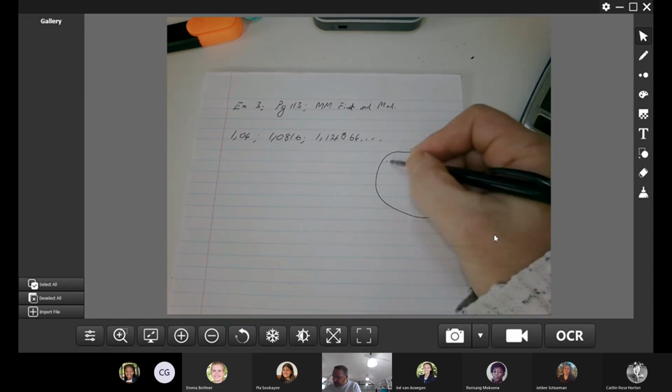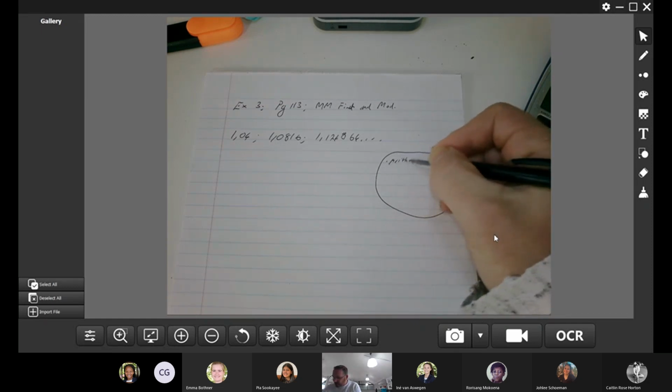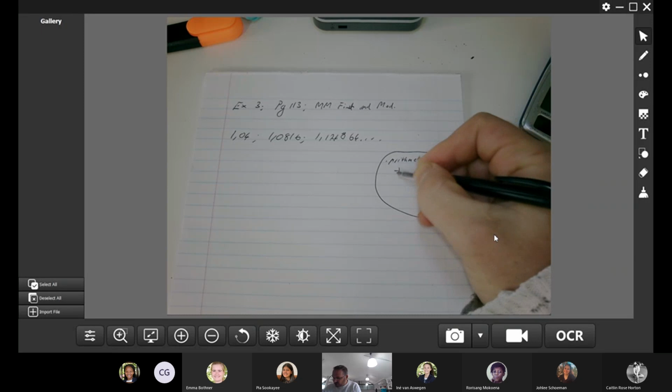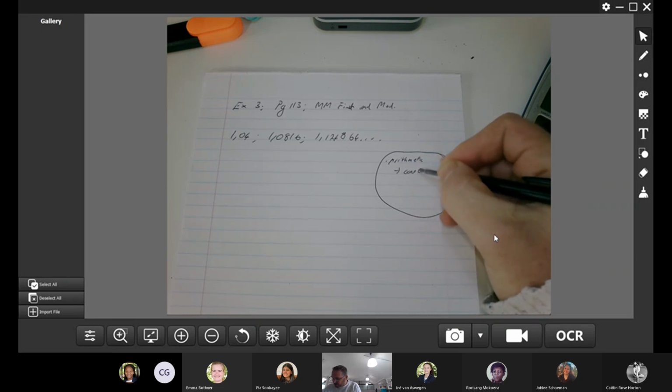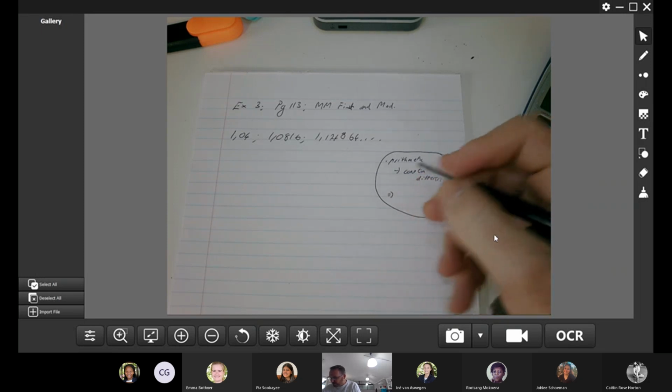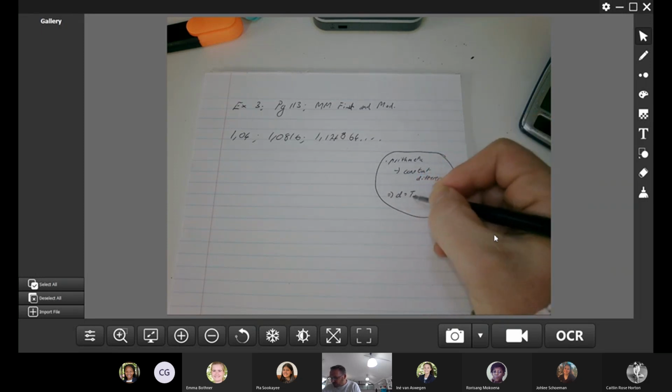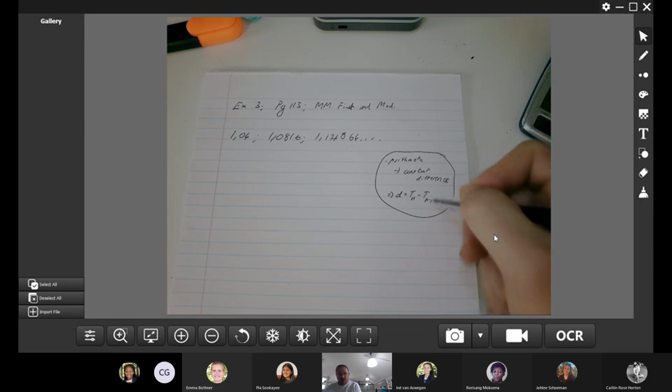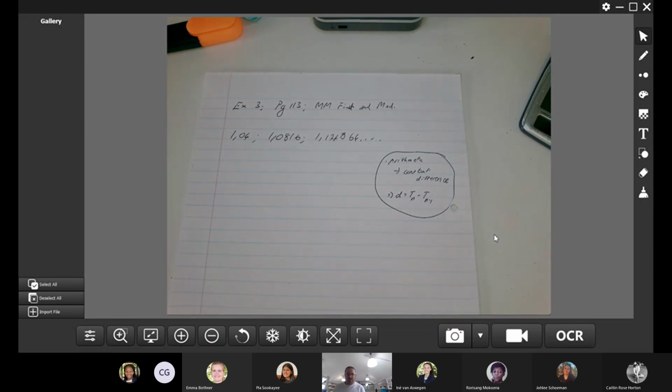So the key idea with arithmetic is there's a constant difference, and you can find the difference by saying the difference will always be equal to one term minus the term before. If you keep getting the same number for one term minus the term before, then it's an arithmetic sequence.